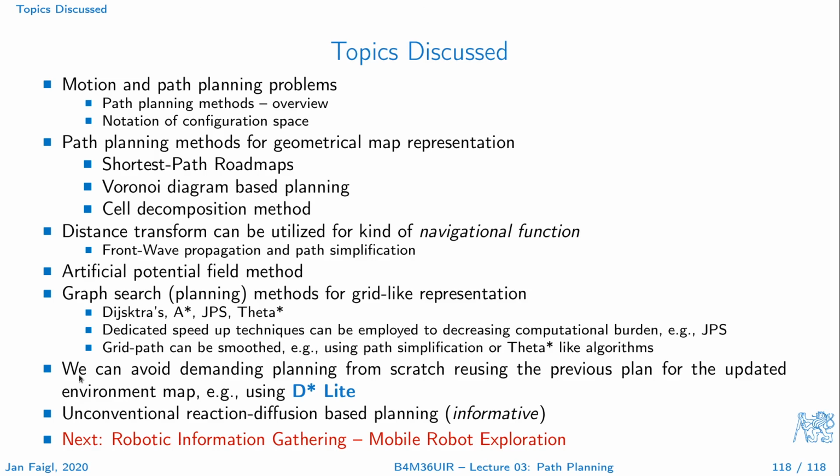What is important when you deploy the robot in a real environment and you don't have an up-to-date map is that you update the map once you execute the mission, so you can reuse the previous search results in algorithms like D-star or D-star Lite.